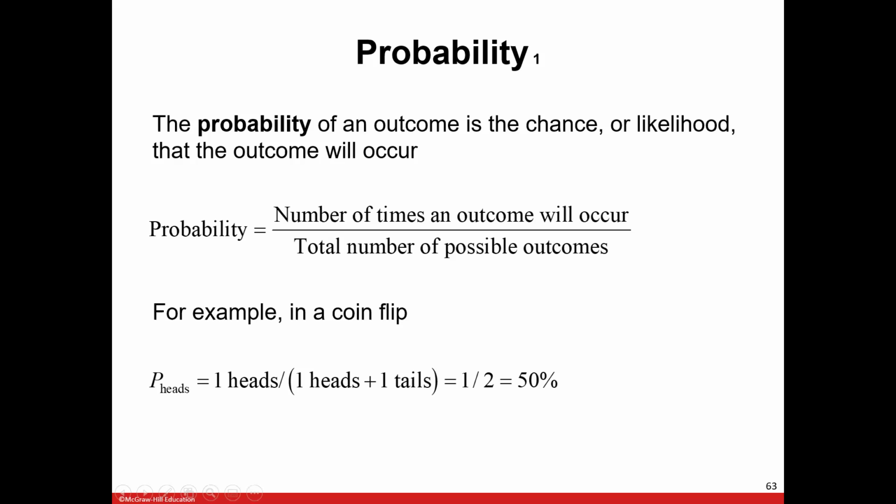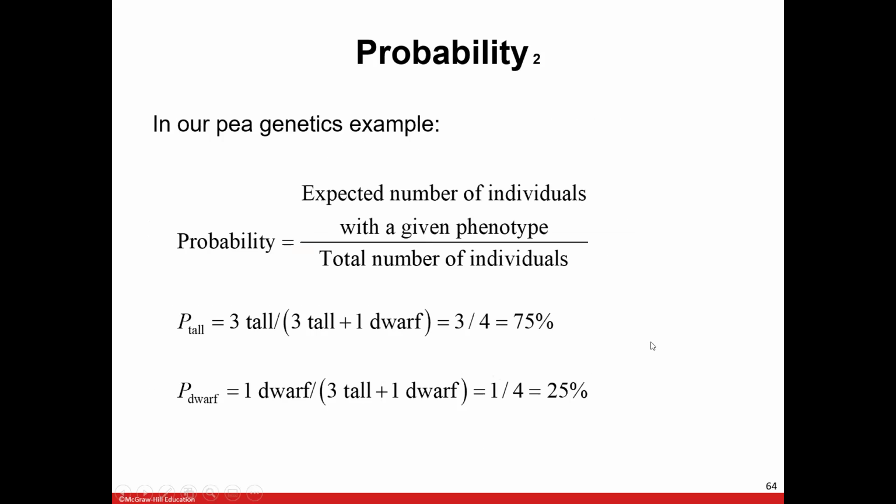So in a coin flip, how many times are you going to get heads? You get one heads out of heads and tails, so 1 out of 2, 50%. A lot of the time when we were working on stuff, we'd have a 3 out of 4. Remember, 3 out of 4 is 75%. On our dwarfs, we had 1 dwarf out of 4 possibilities. We get 1/4, 25%.